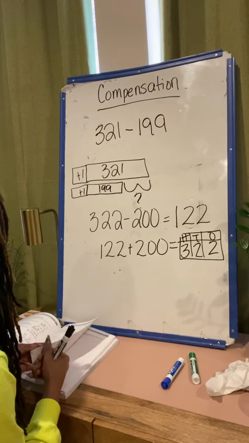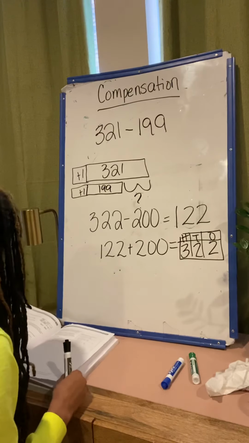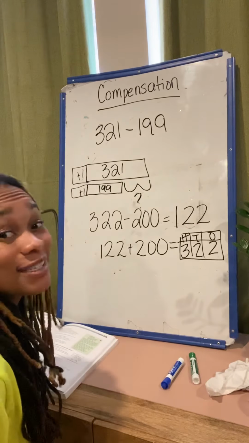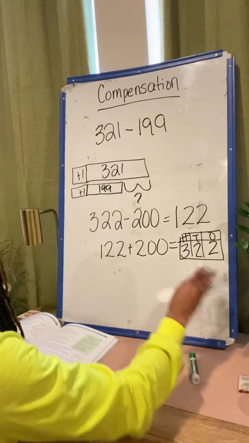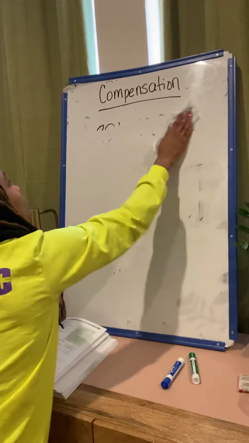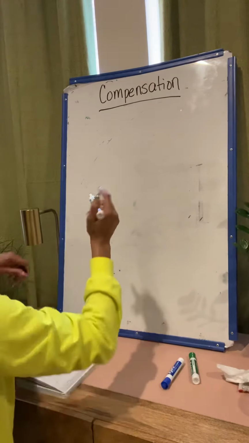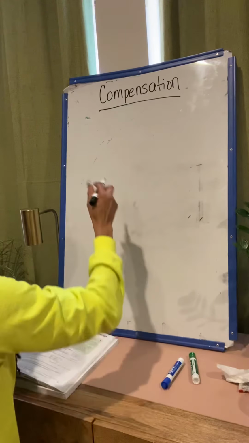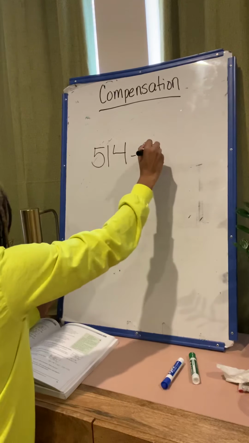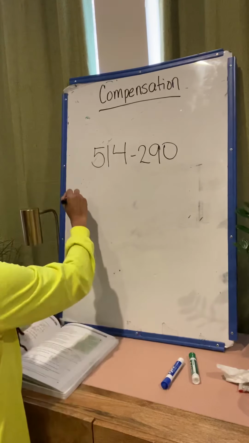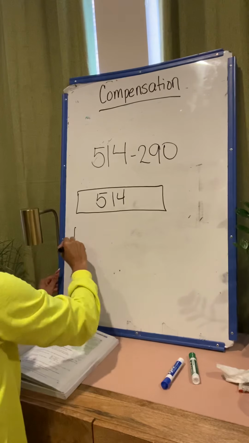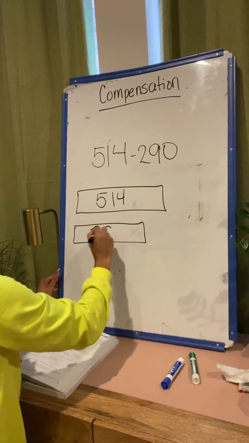So we are going to try one more, and then I'm going to leave one on the board for you all to solve as your exit ticket. All right, so let's do 514 minus 290. So we're going to draw a tape diagram. 514, 290.